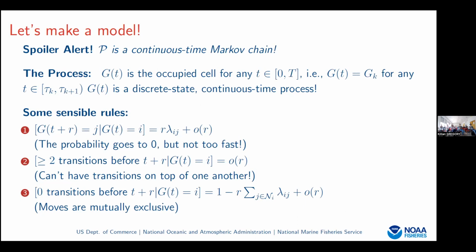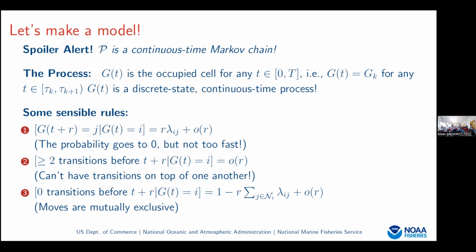One is that looking at a narrower and narrower window of time, the probability of me making a transition has to go to 0. Because if I look at a window of time of virtually 0, the chances of me transitioning to the next cell are not very big. But it can't go to 0 too fast, or I won't move anywhere.